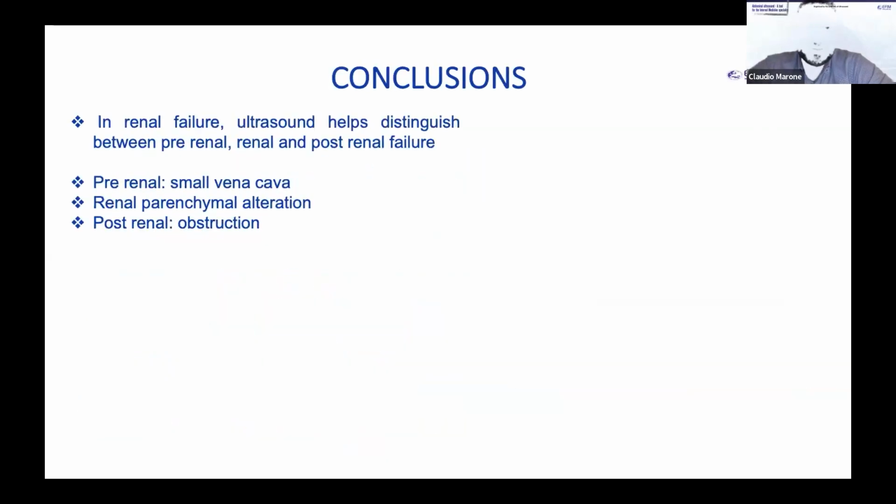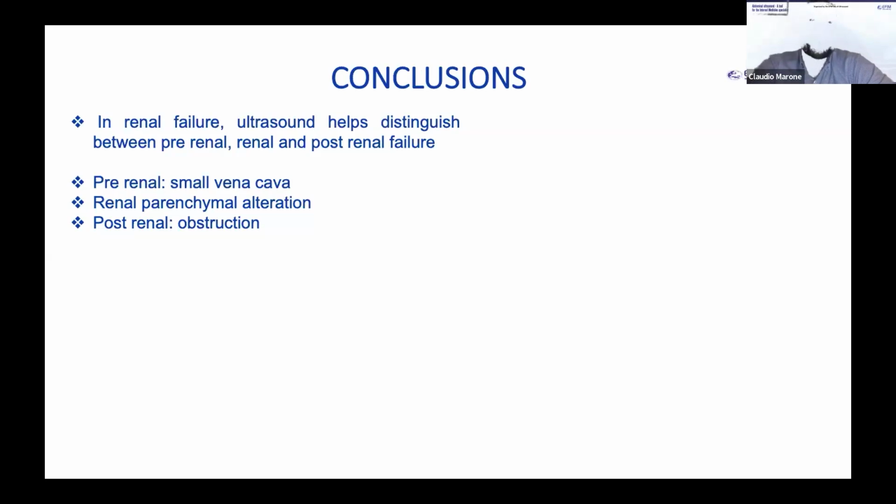I want to conclude by saying that in renal failure in general, ultrasound, using of course the internal medicine mindset, can help us a lot to distinguish between pre-renal, renal, and post-renal failure. For renal, we are going to see the parenchymal alterations I showed you.